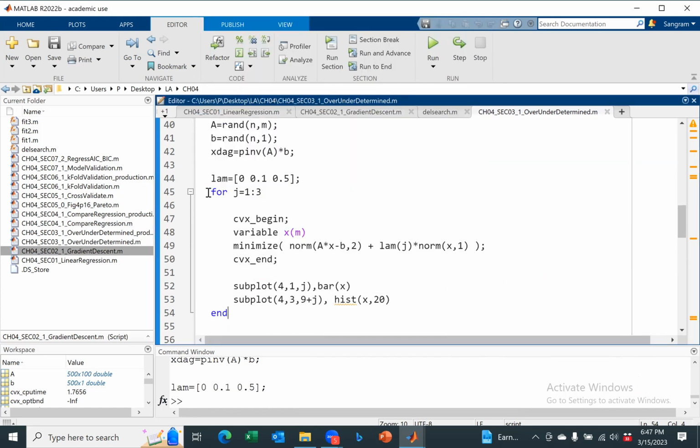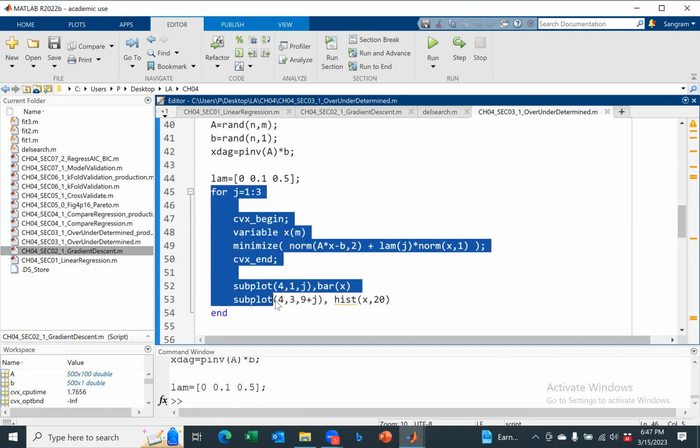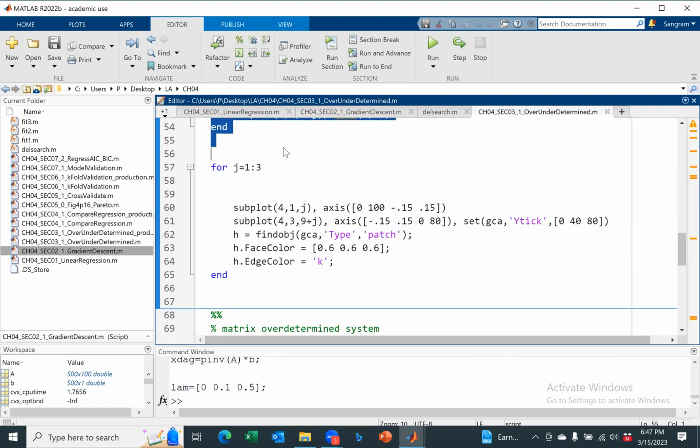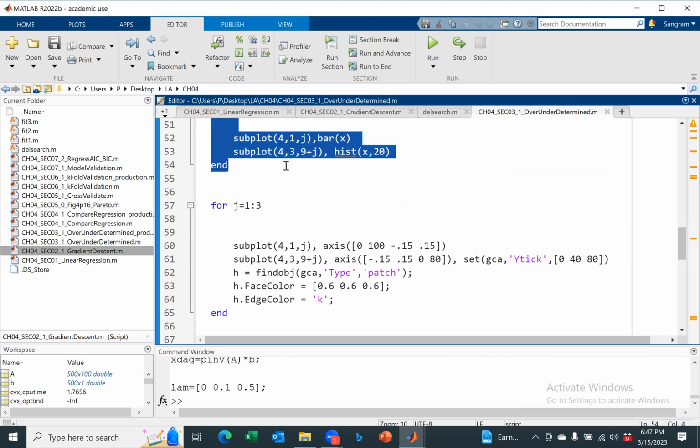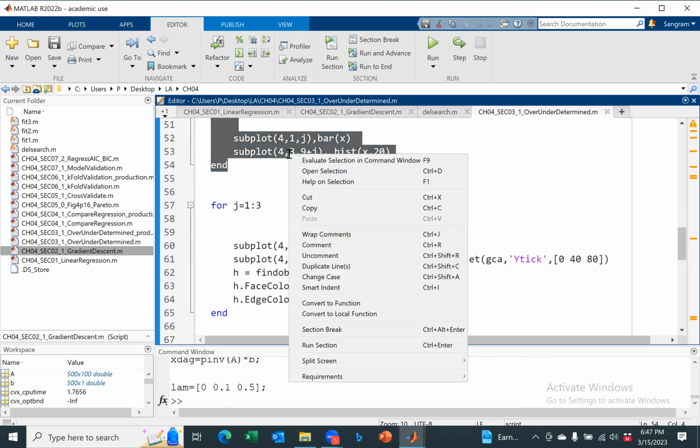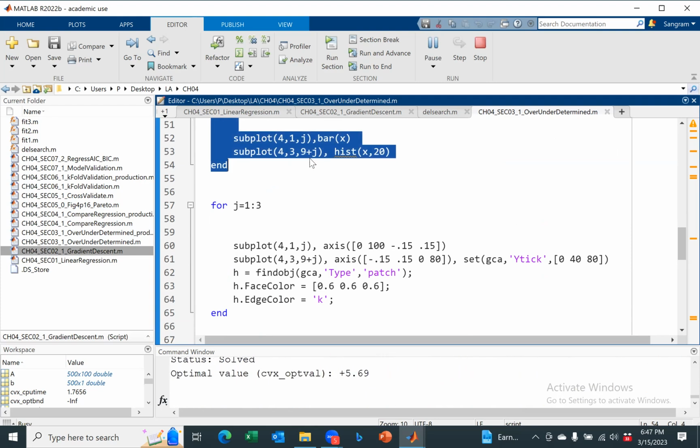And then please understand that this is going to take some time. So it will perform the optimization.